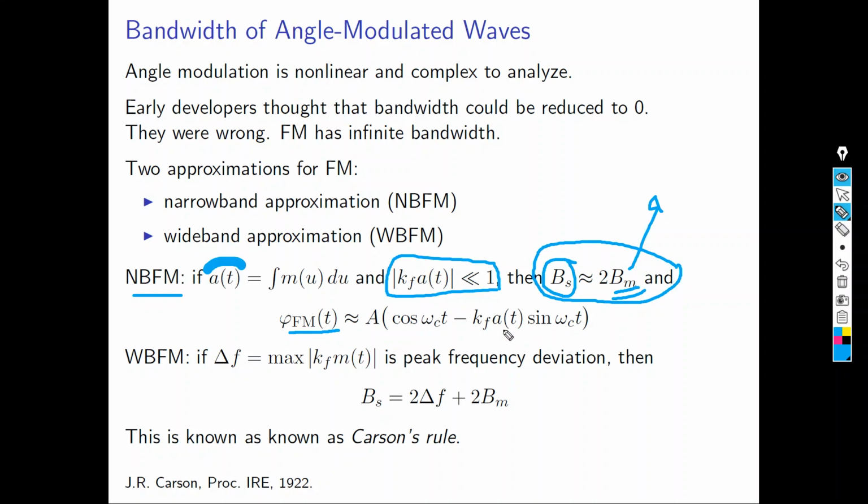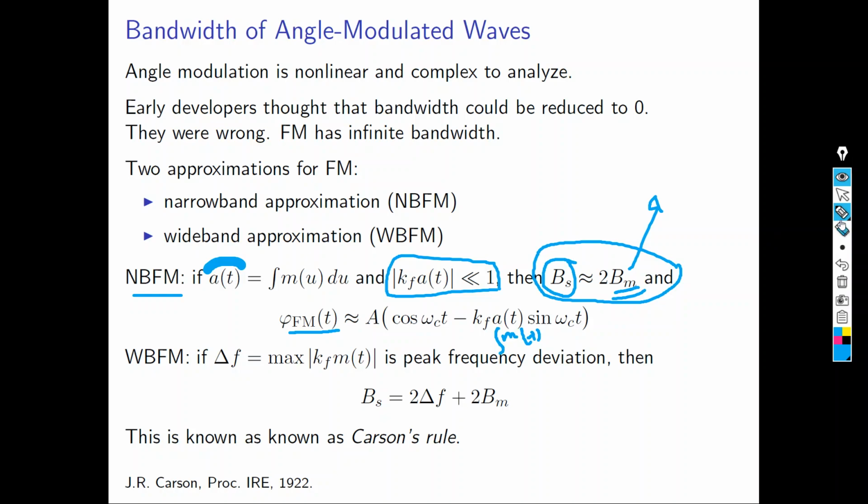You remember a of t is basically the integration of the message, so that when you try to find the instantaneous frequency in frequency modulation, the instantaneous frequency changes directly with the message signal without any derivative. And sine omega c t is coming from the approximation.